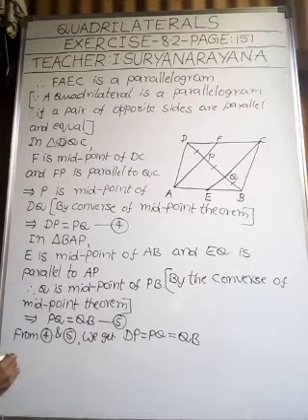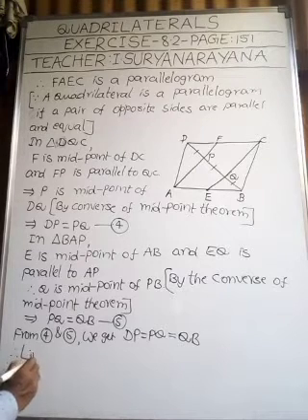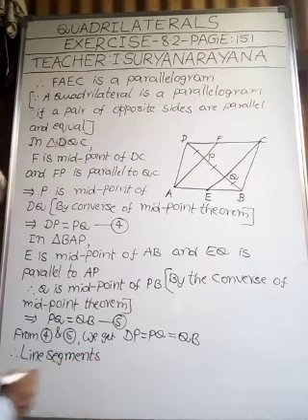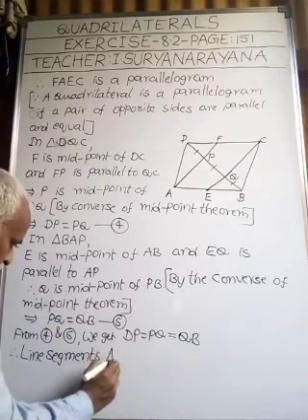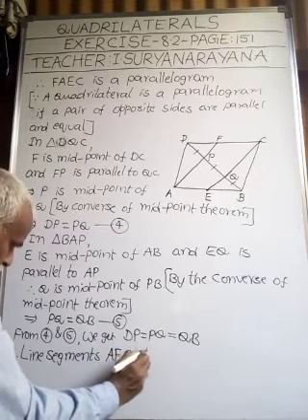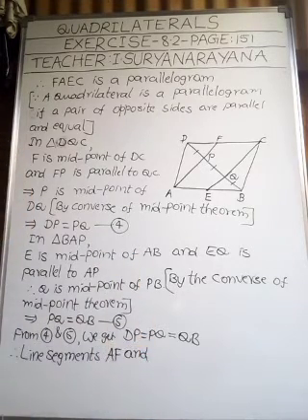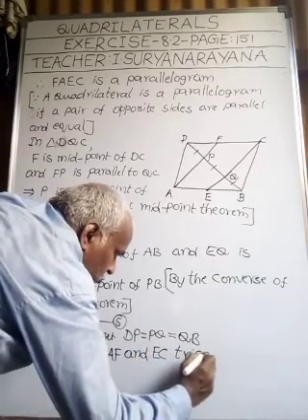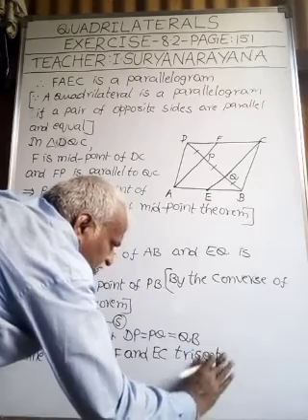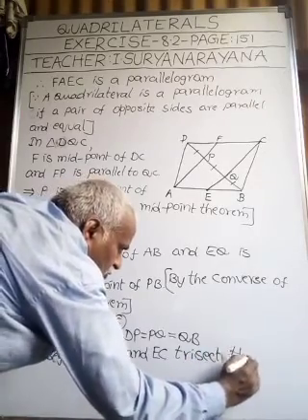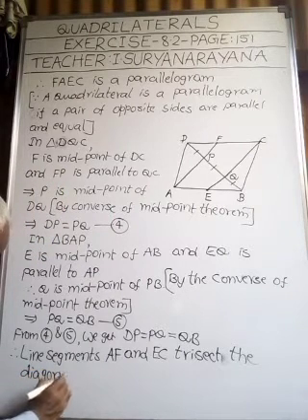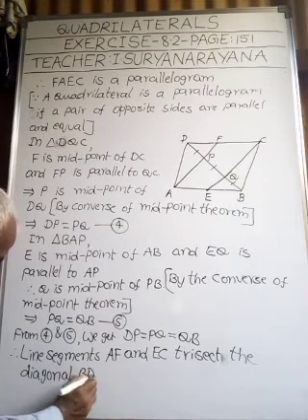Therefore, we can say that the line segments AF and EC trisect the diagonal BD.